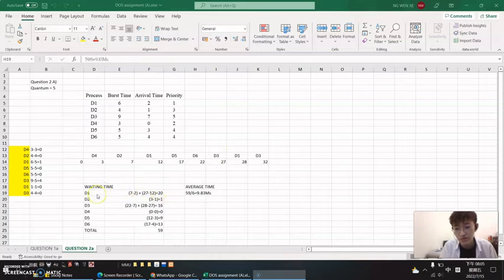And then for the others, D1 until D6, use the same method, we can get the answer and we total up. To count the average waiting time, maybe just using the total divide by 6, we'll get 9.83.